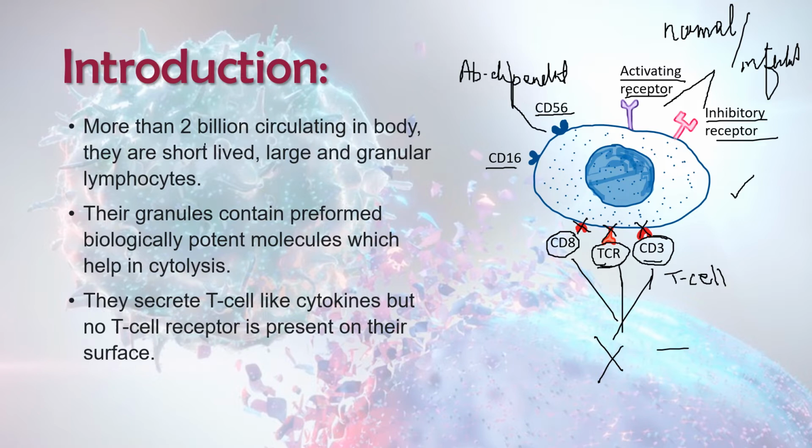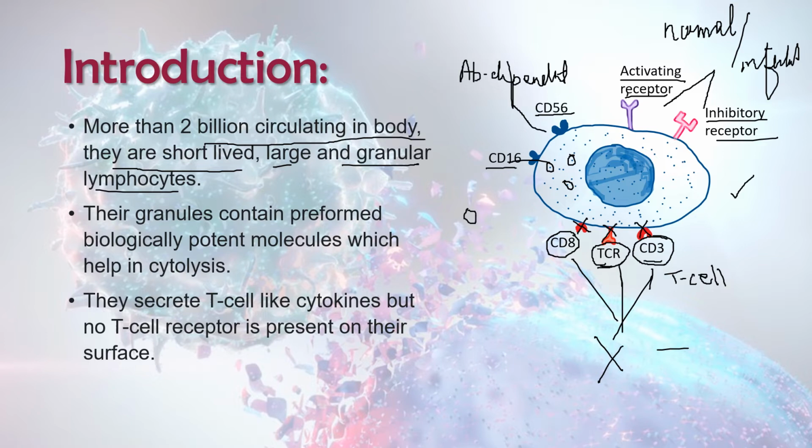More than 2 billion are circulating in our body. So the number of these lymphocytes is more than 2 billion, but they are very short-lived, large and granular lymphocytes. These dots you can see are granules. As I told you, these are large granular lymphocytes, therefore they possess granules. These granules contain biologically potent molecules that help in cytolysis.